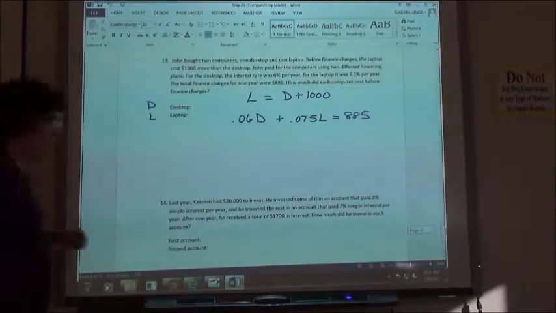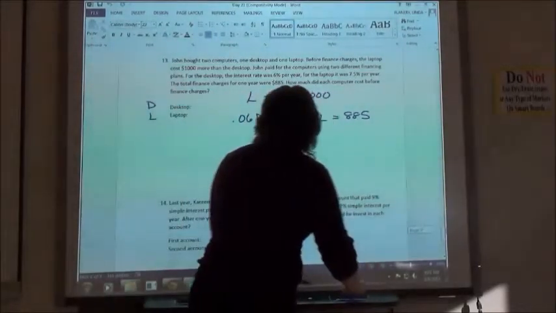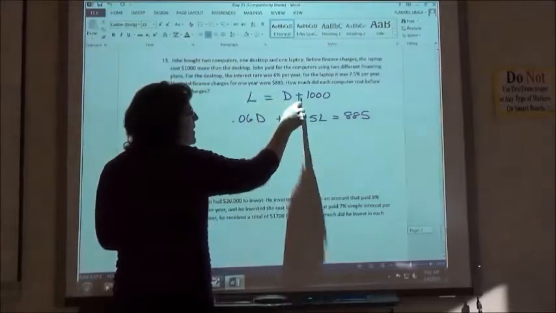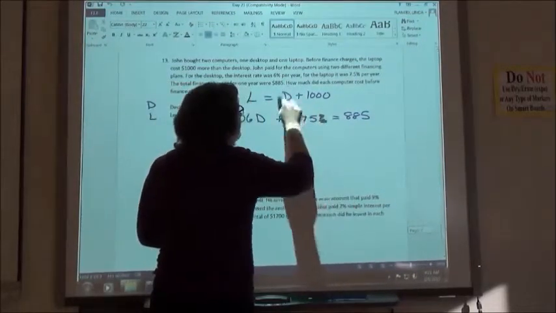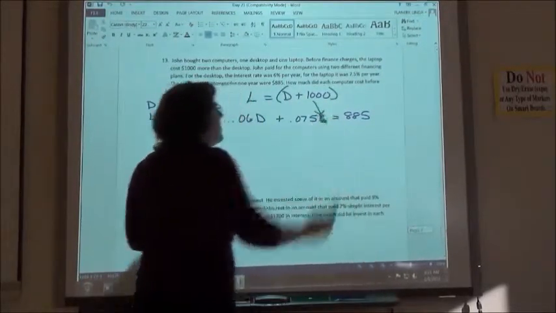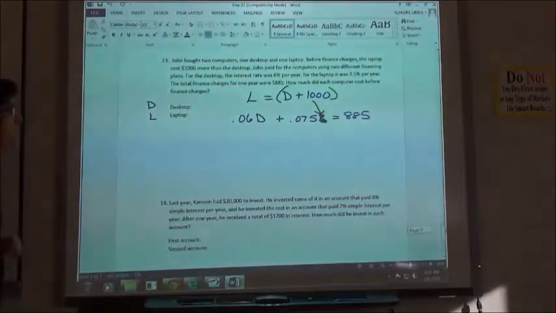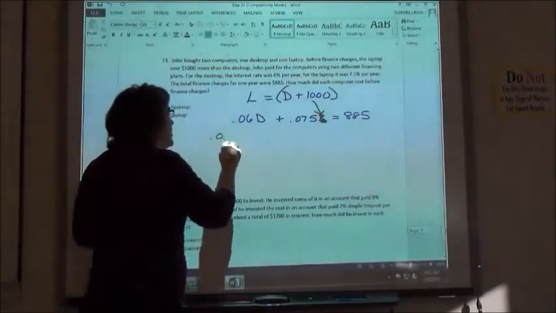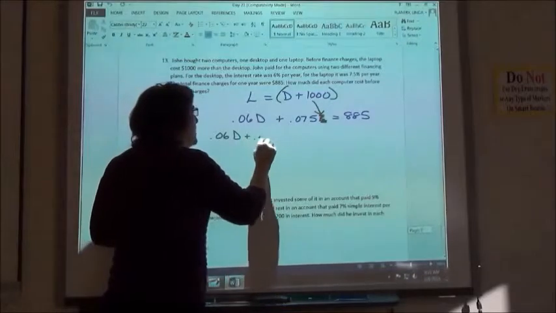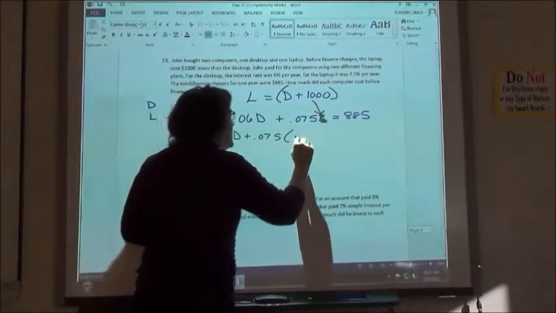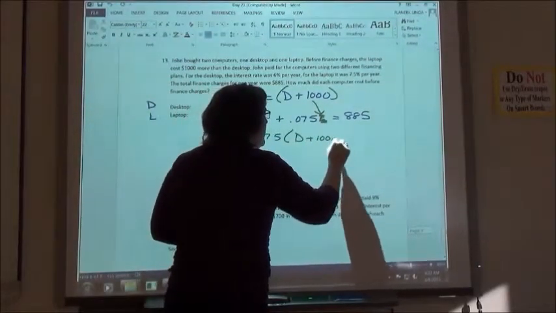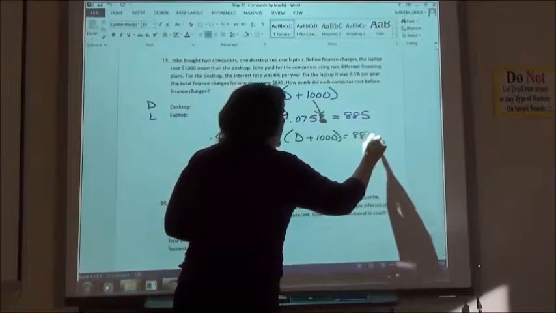We're going to replace the L with our D plus 1,000. We're going to get rid of the L and put the D plus 1,000 in its spot. So 0.06D plus 0.075 times (D plus 1,000) equals 885.